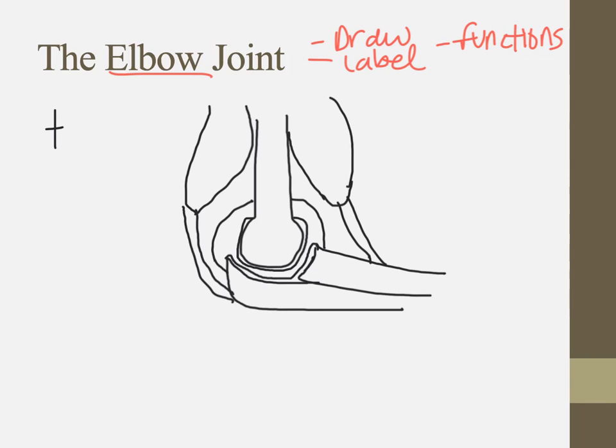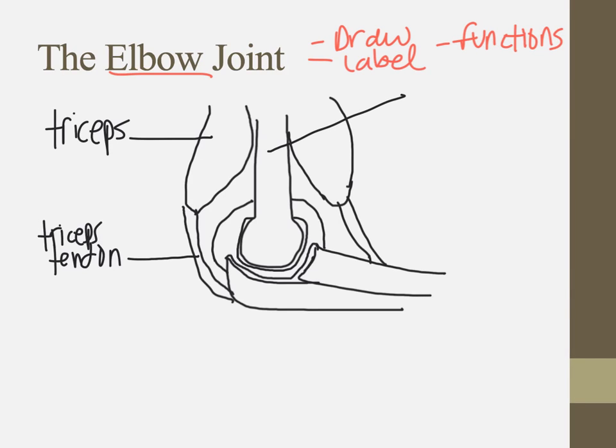So we just finished drawing the triceps muscle, and this would be the triceps tendon. Tendons connect muscle to bones. Over here, this bone that we're connecting to is called the humerus.